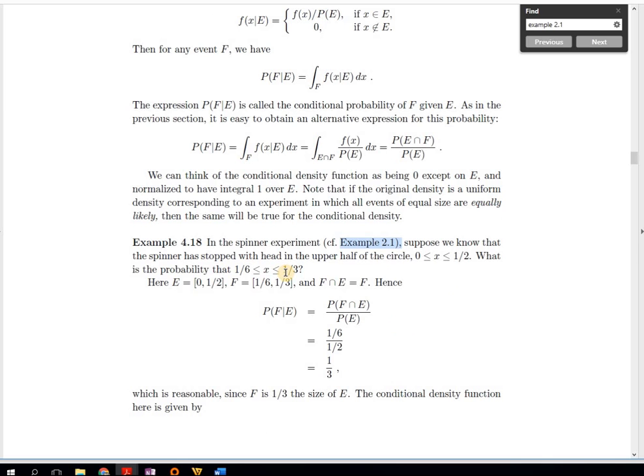Now, frankly, it really doesn't matter if you're choosing x with a spinner or if you're choosing x on an interval from 0 to 1/2. If you're choosing x on an interval from 0 to 1/2, then what you want to do is take the ratio of the length of this interval to the length 1/2. And that length 1/2 is just exactly the denominator that exists in the definition of conditional probability. All right? So it works out to what we would expect previously when we took ratios of areas to find probabilities. We're getting this very same result.